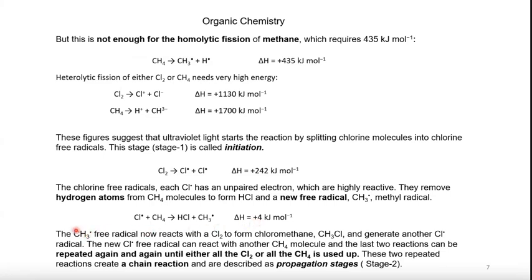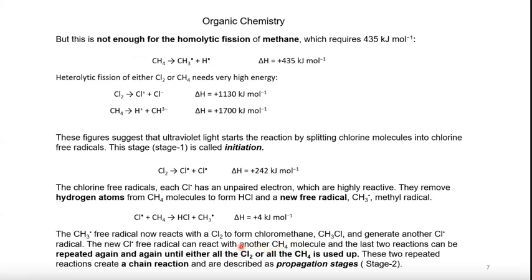This methyl free radical now reacts with chlorine to form chloromethane and generate another chlorine free radical, and the new free radical reacts again with methane, thereby reacting with other hydrogen atoms and forming compounds.